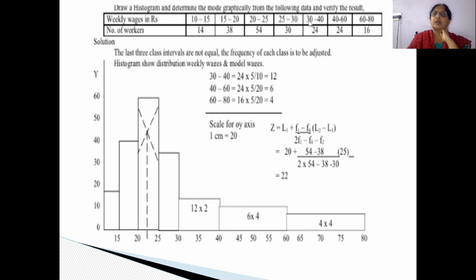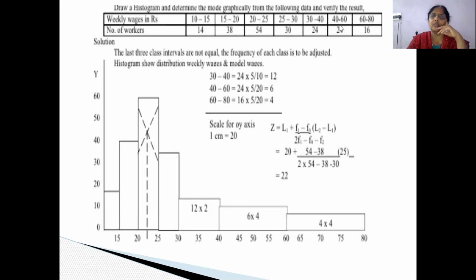But for 30 to 40, the difference is 10, so we can form two classes. For 40 to 60, we can show four class intervals: 40 to 45, 45 to 50, 50 to 55, 55 to 60.